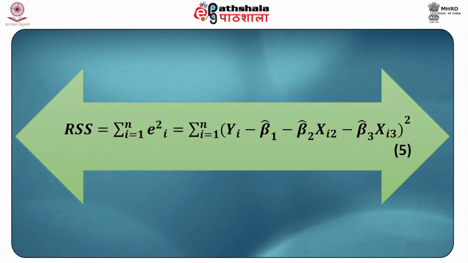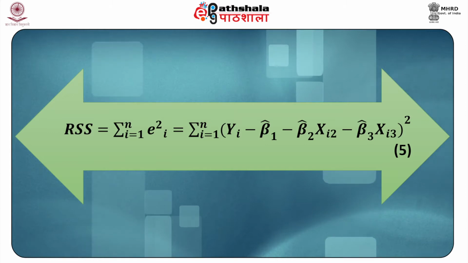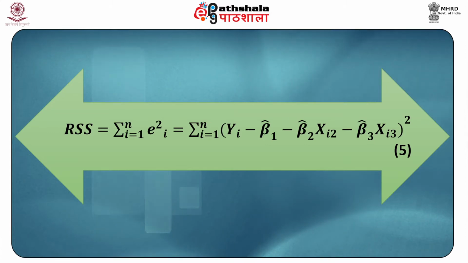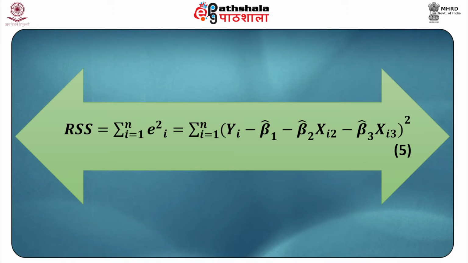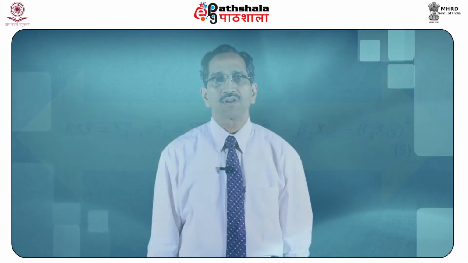So residual sum of squares, RSS, is equal to sigma ei square, where i is from 1 to n, and this can be written as sigma of yi minus beta 1 hat minus beta 2 hat xi2 minus beta 3 hat xi3 whole power 2, and i ranges from 1 to n. This is our equation 5.